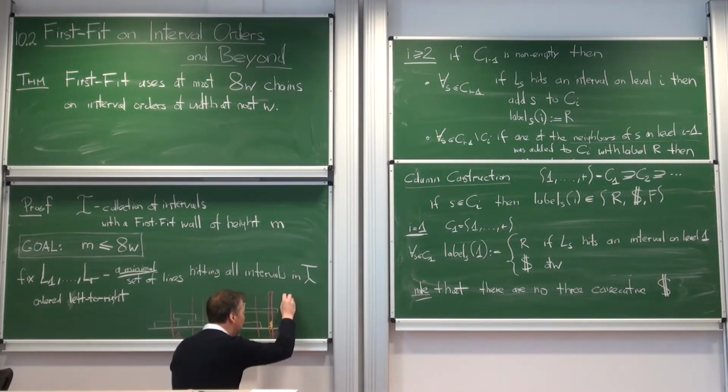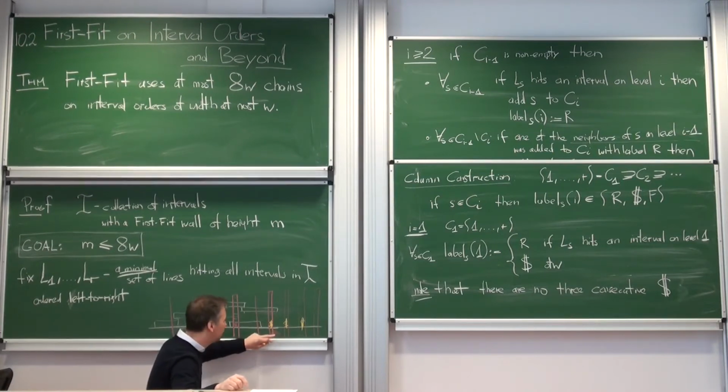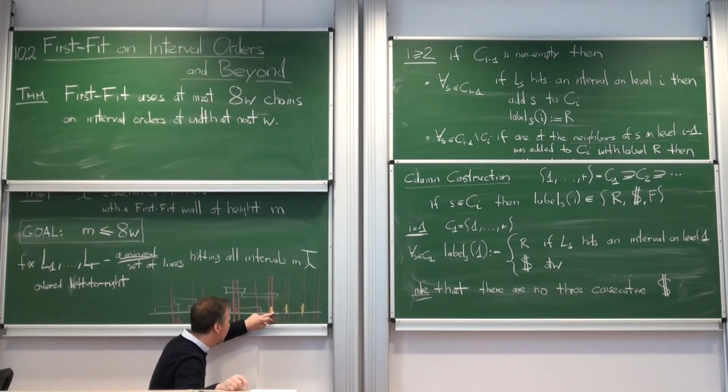Envision that there is a column here with a $ sign, and a column here with a $ sign, and this is $, and this is $. Recall that $ just means that there is no interval on level 1 hitting this line.